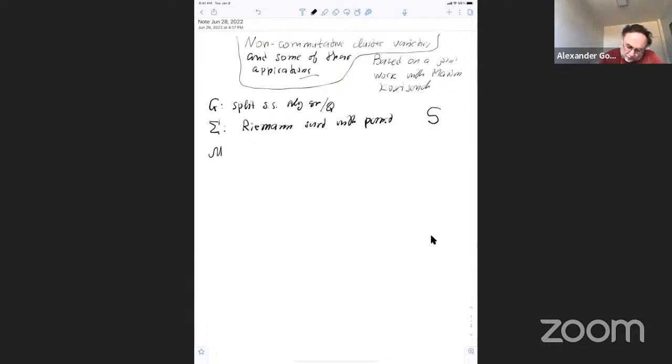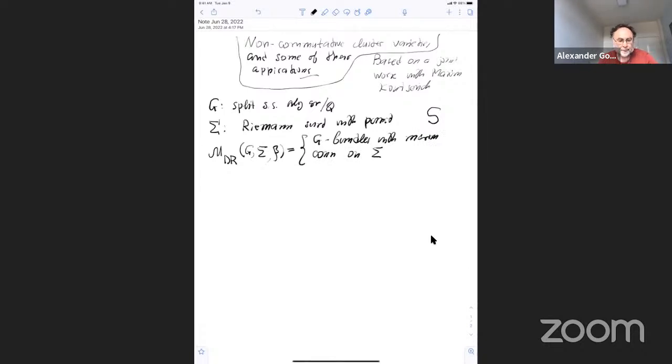One of them is the so-called de Rham moduli space, which is related to this group G, Riemann surface sigma, and some irregularity type. So this is G bundles with meromorphic connections on sigma with singularities at the punctures, and of some irregularity type, which is fixed, and I call it beta.